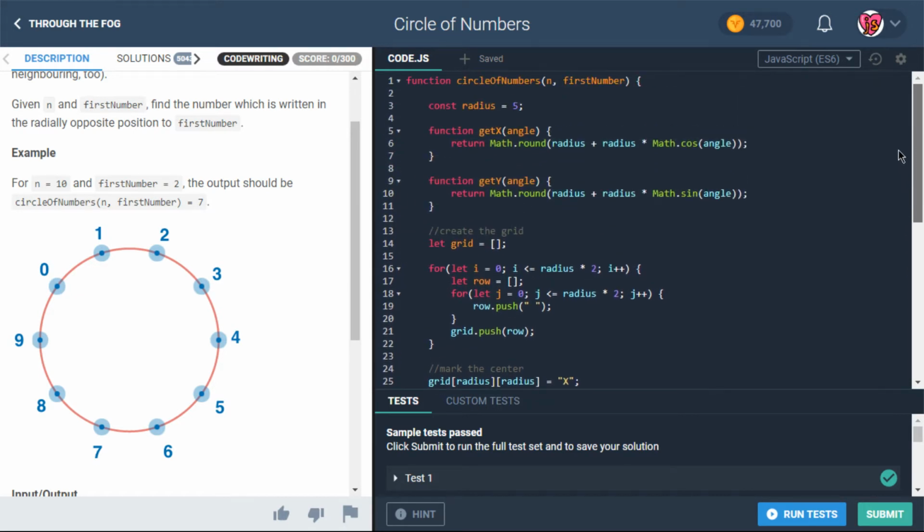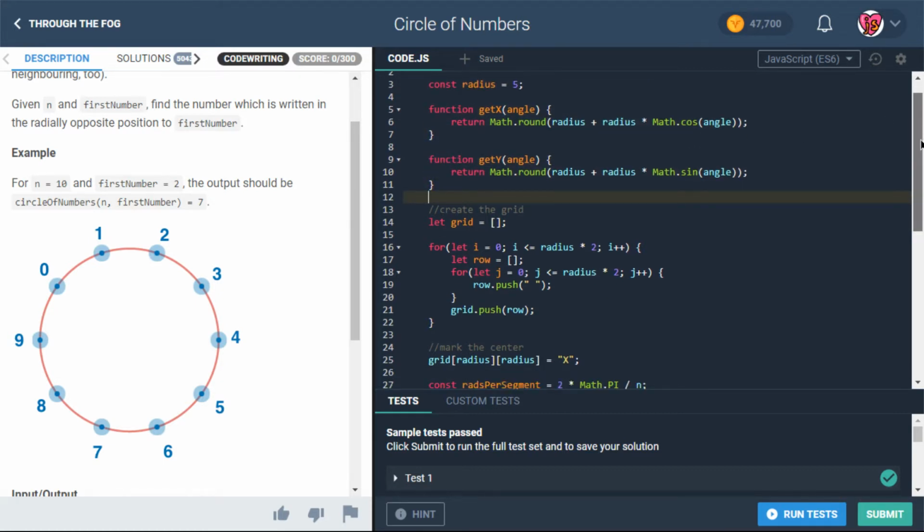want to take a look at where we've come from and try to appreciate what we've been able to accomplish here, because it's something. Anyway, we had our radius, we had our x, and we made functions to get our x and our y, and this is basically converting from polar coordinates to Cartesian coordinates.